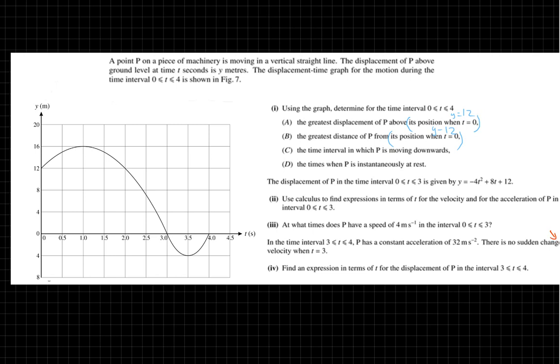You're missing the word "of" there, slightly cut off. And this part here says use calculus to find expressions in terms of t for the velocity and for the acceleration of P in the interval. It should be fairly obvious really. In the interval 0 to 3. Give this question a go. Pause the video now.